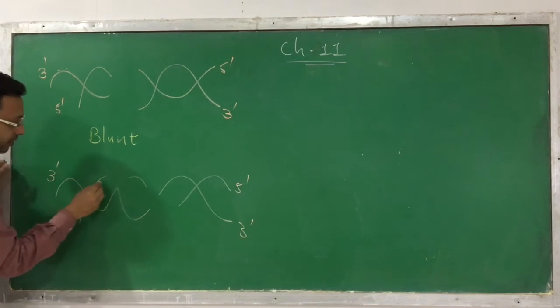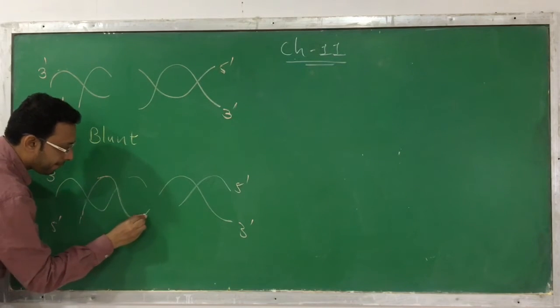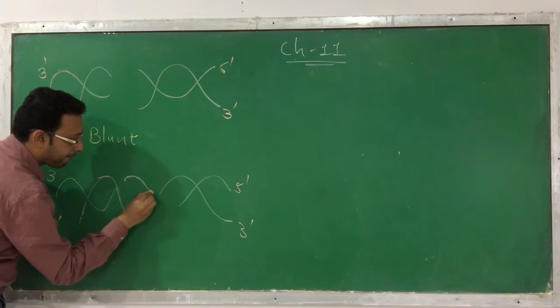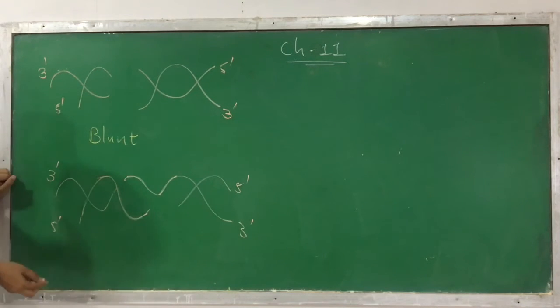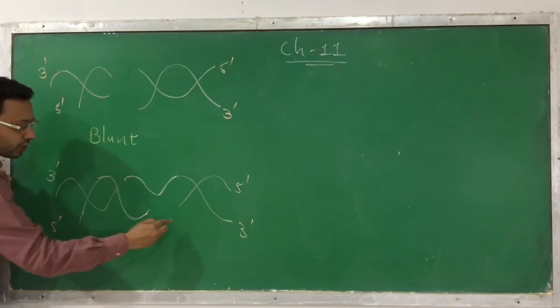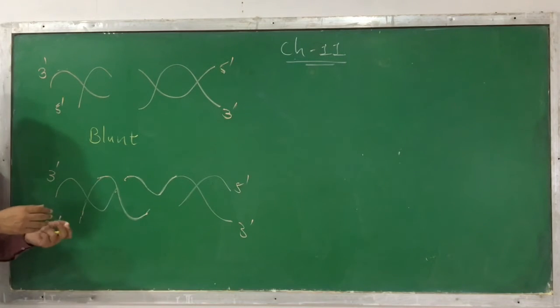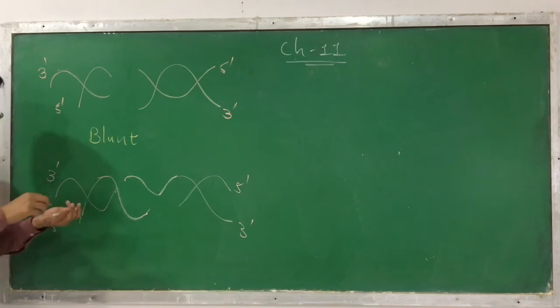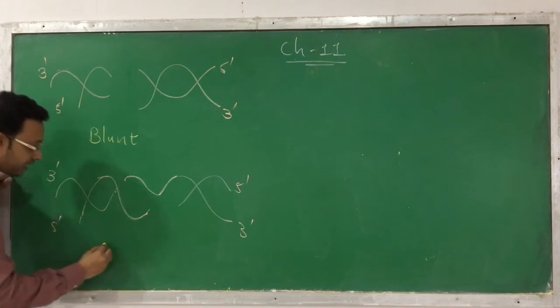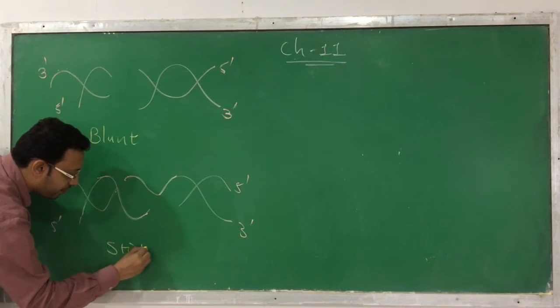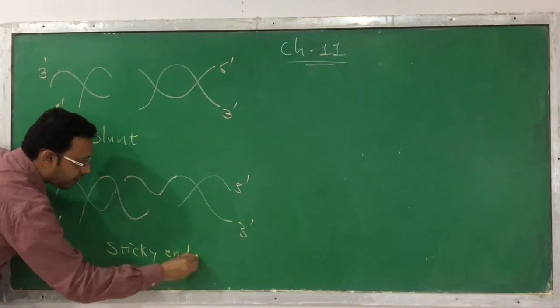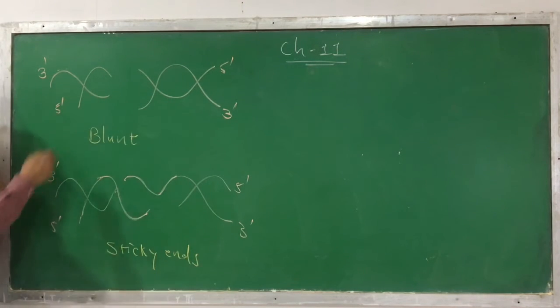I am joining the remaining one. See, here the cut occurs like this, not a perfect cut. If you see, the ends which are produced are not sharp, they are not perfect. So here sticky ends are produced. What kind of ends are produced? Sticky ends, and these are called blunt ends.